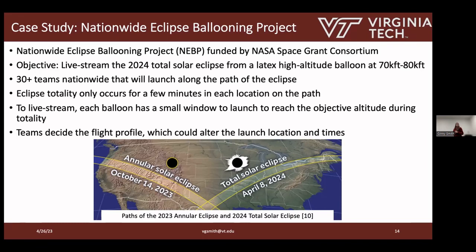So for October, we're looking at launching from Roswell. Oh, okay. We're gonna have some fun. We're also driving, so it's gonna be a little bit of a trip. But for the April eclipse, we're either looking in Illinois, around Champaign potentially, or Arkansas.